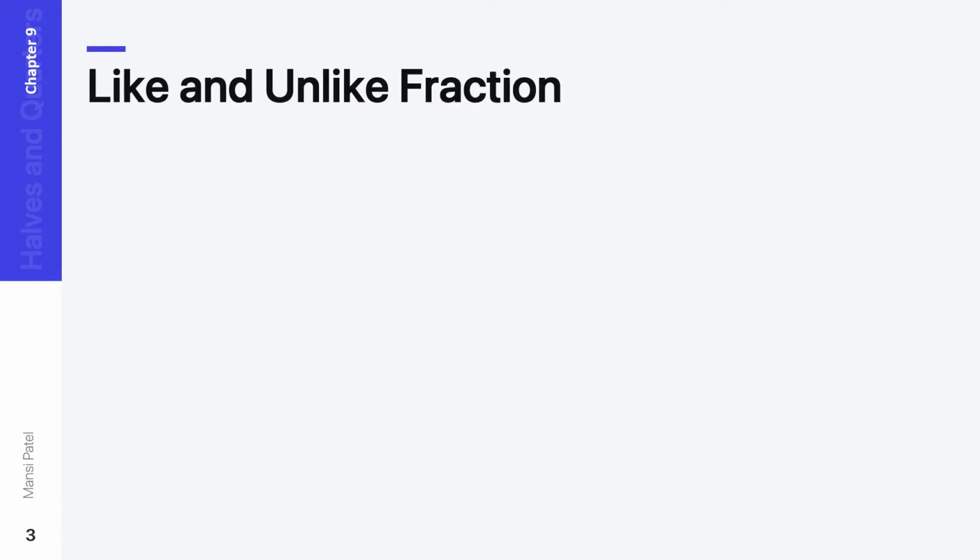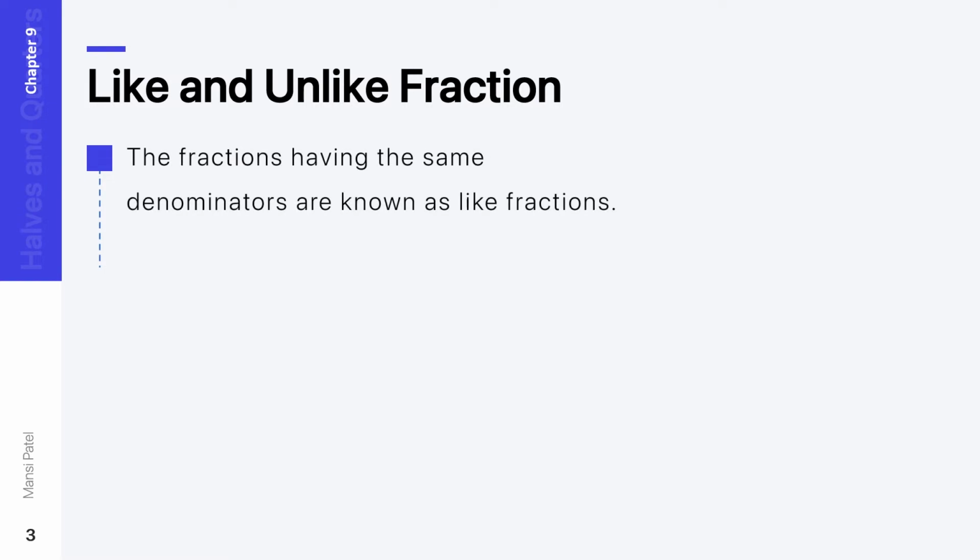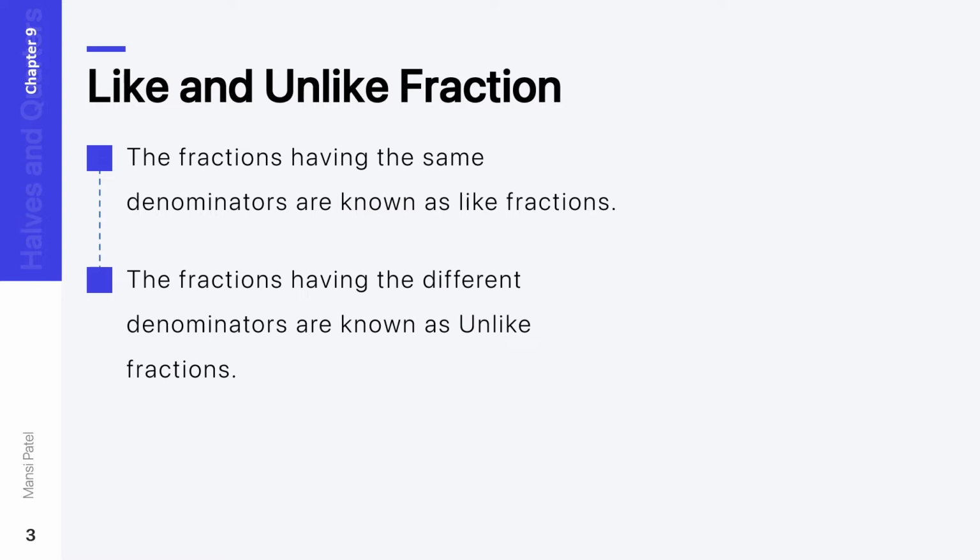The first type is like fraction and unlike fraction. What is a like fraction? Fractions having the same denominator are known as like fractions, and fractions having different denominators are known as unlike fractions.